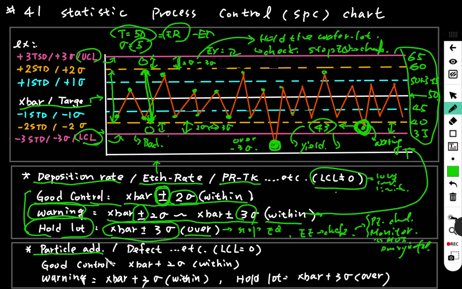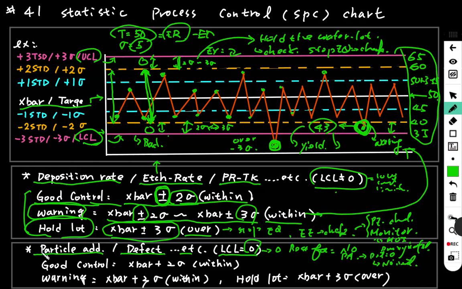The other case is particle adding value or defect value and so on. The low control limit equals 0. For the particle adding we monitor, 0 is the best. It shows there is no particle pollution in this case, and defect equal to 0 is best, no defect.